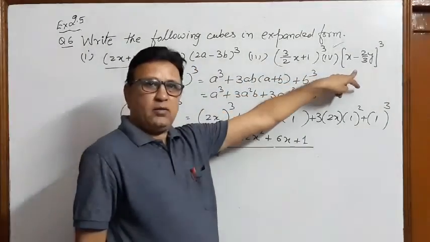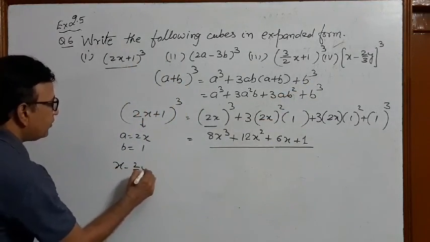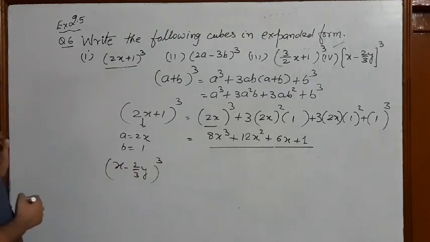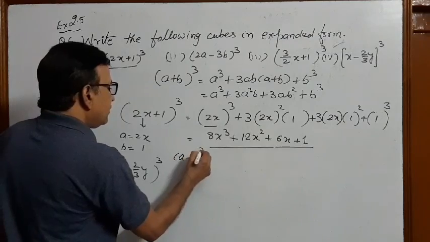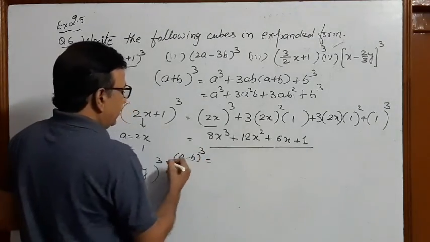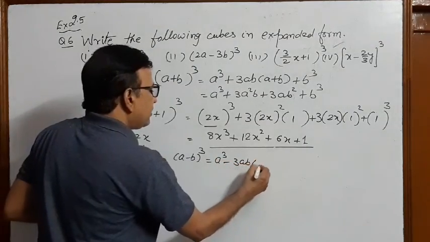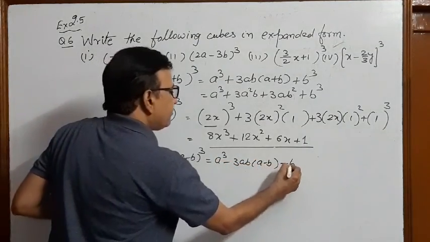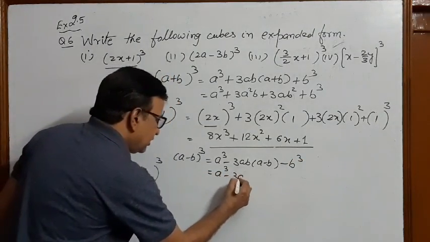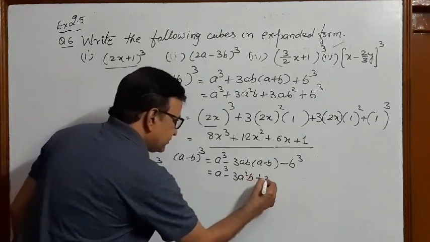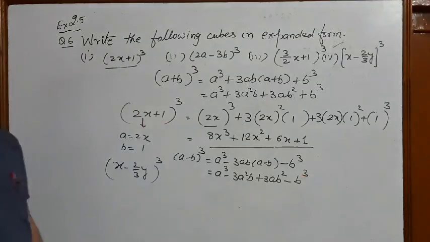Now we are taking here the fourth one, (x minus 2 upon 3y) whole cube. So it depends on, you know, (a minus b) whole cube. So you know (a minus b) whole cube is a cube minus 3ab(a minus b) plus b cube, or you can write here a cube minus 3a square b plus 3ab square minus b cube, right?